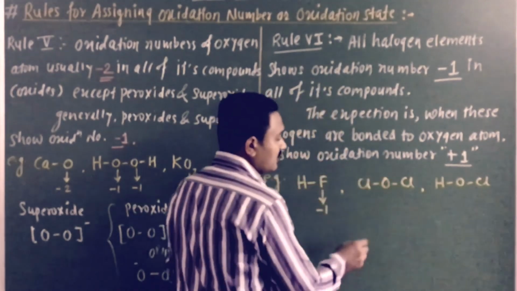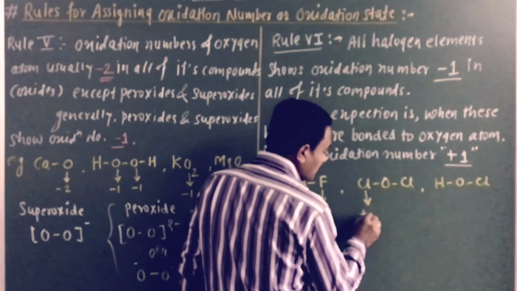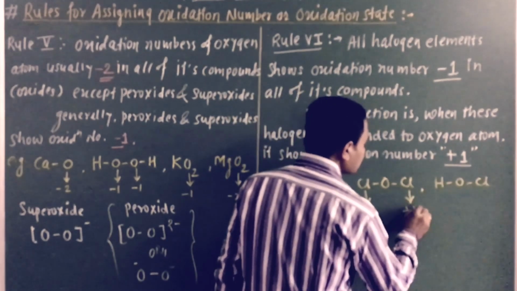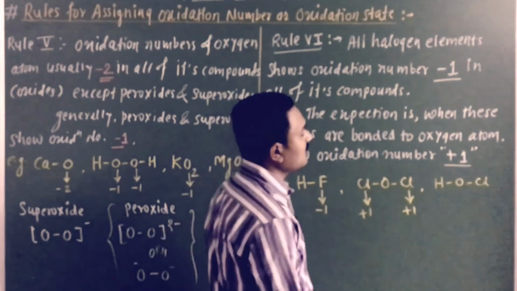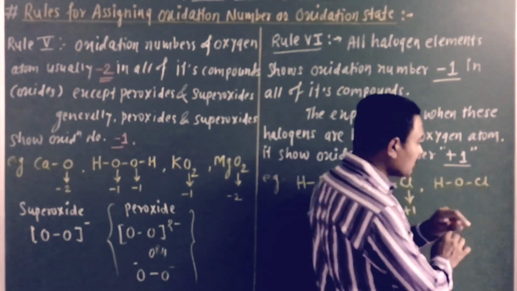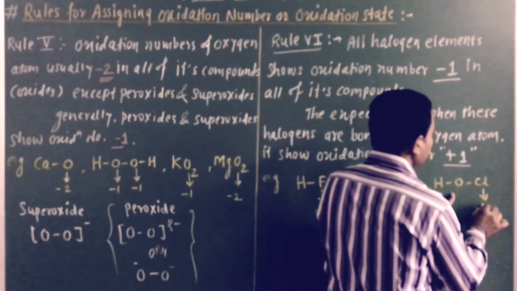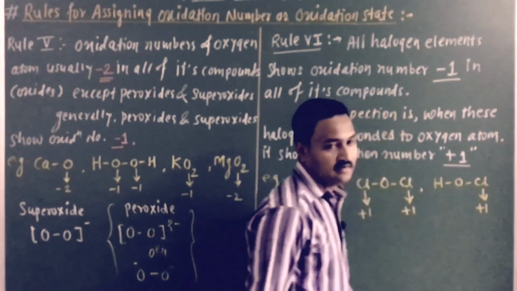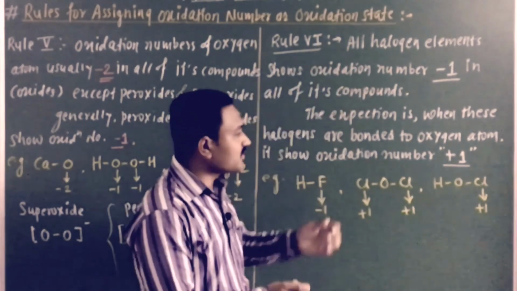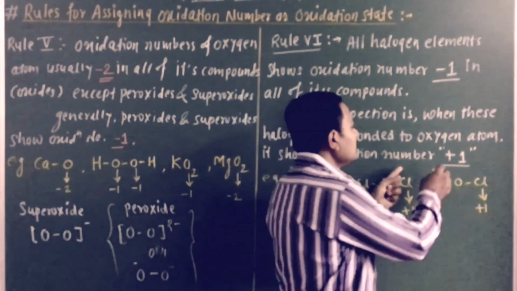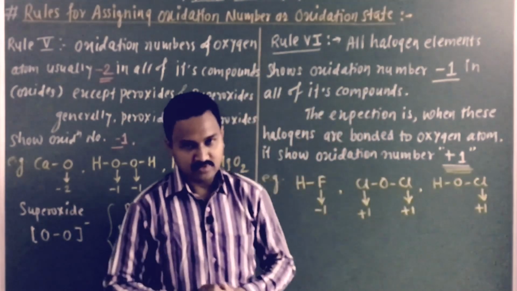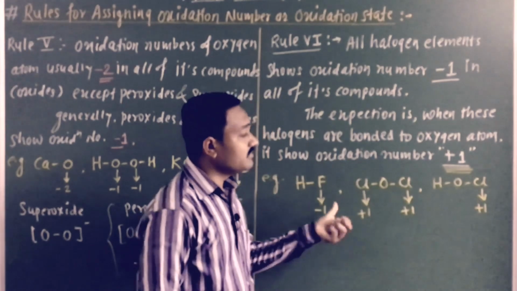Due to that, the chlorine will show its oxidation number +1. Here again chlorine will show its oxidation number +1, okay. Again here this oxygen atom is bonded with the chlorine, so obviously its oxidation number will be +1, okay. Though this rule is very short, you have to remember the exception. This is very important, keep it in your mind, while solving the problem it will be very helpful.